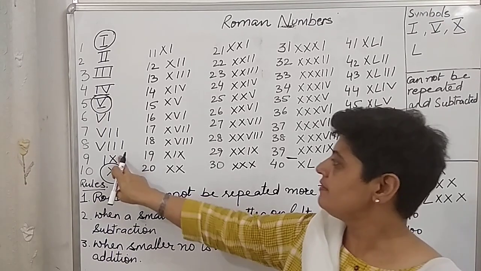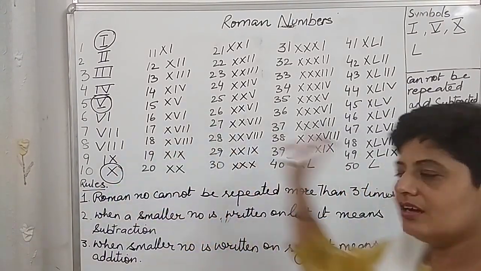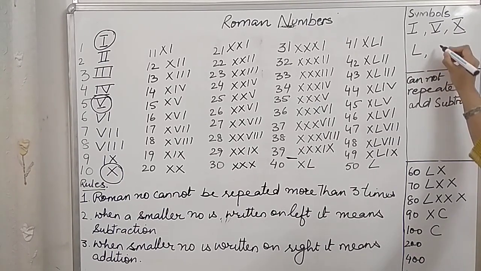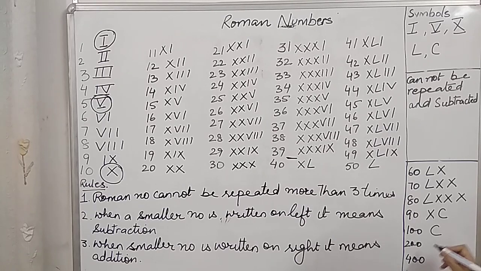Now, 9 is dependent on 10. Similarly, 90 is also dependent on 100. We look for a new symbol for 100. 100 minus 10 gives us 90. And 10 on the left means it should be subtracted. So a new symbol for 100, C. 200, 2 times 100, 300, 3 times C, 400.